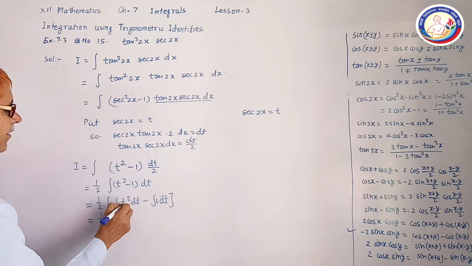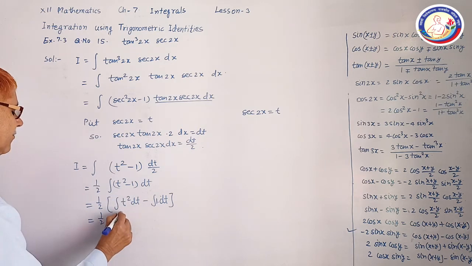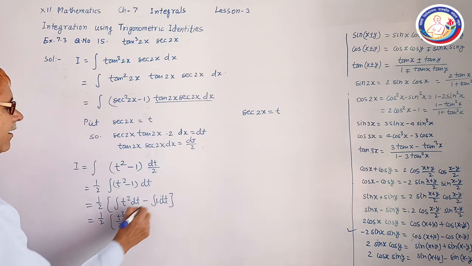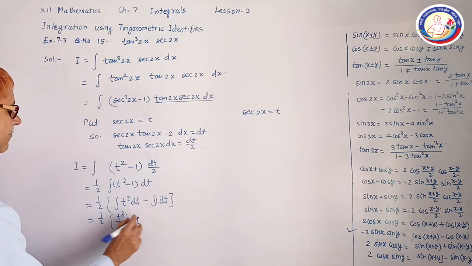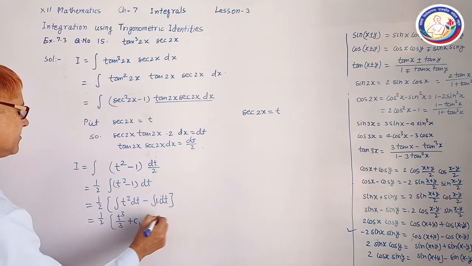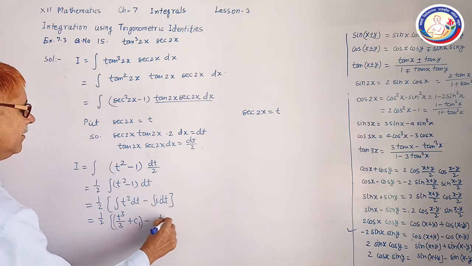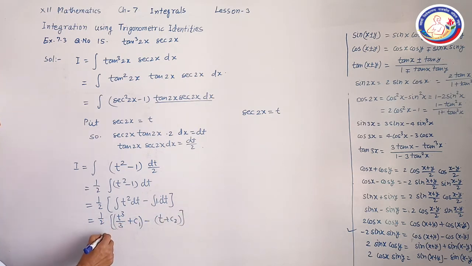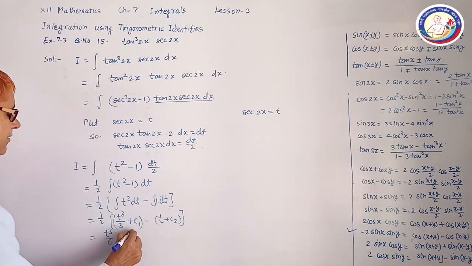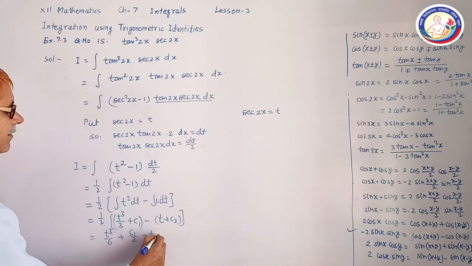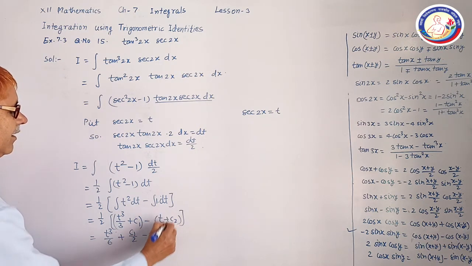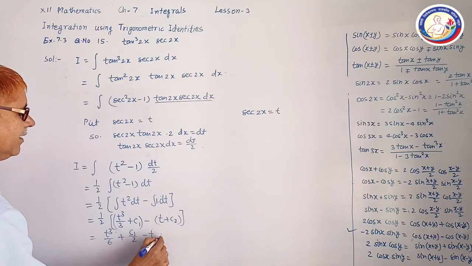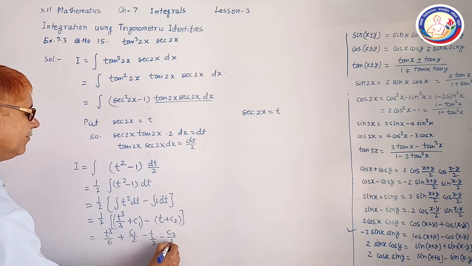1 upon 2, integral of t square is t cube upon 3. And integral of 1 is t simply. And here the constant of integration c1 minus t plus c2. Simplify this, we will get t cube upon 6 plus c1 by 2 minus t by 2 and minus c2 by 2.